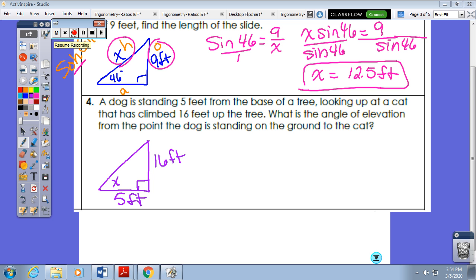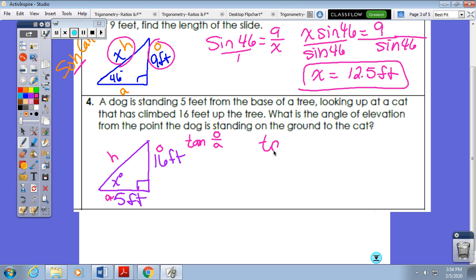Okay, here's my setup. He's 5 feet from the base of the tree, the cat is 16 feet up the tree, and I'm looking this time for my angle measure. Again, opposite, adjacent, hypotenuse. This ends up being tan, because tan is opposite over adjacent.